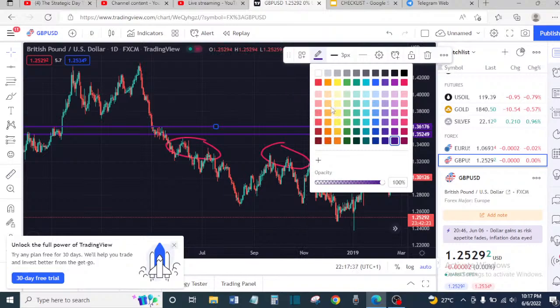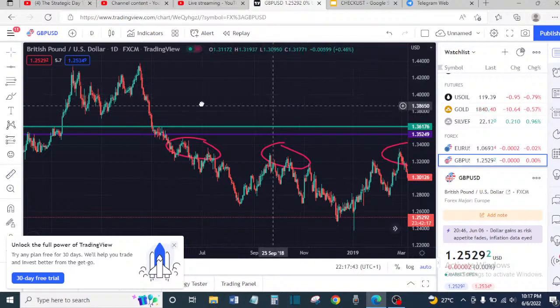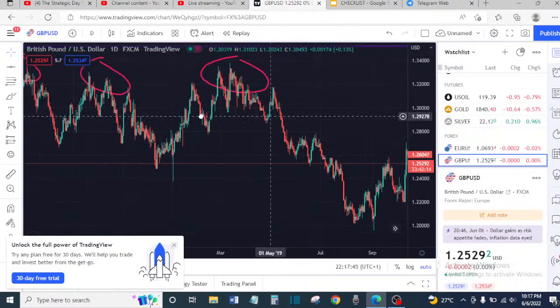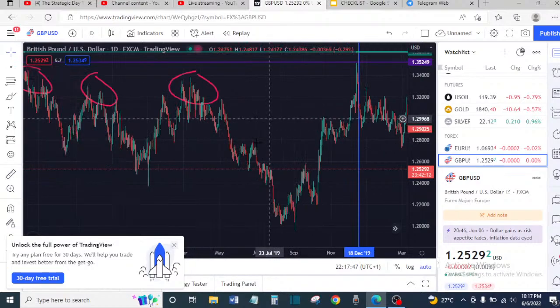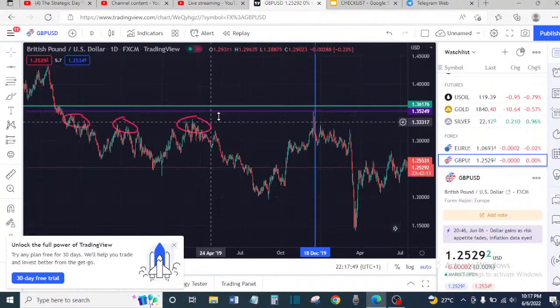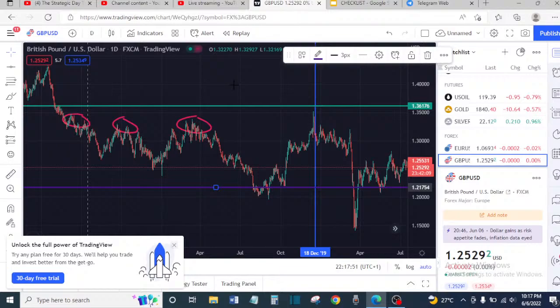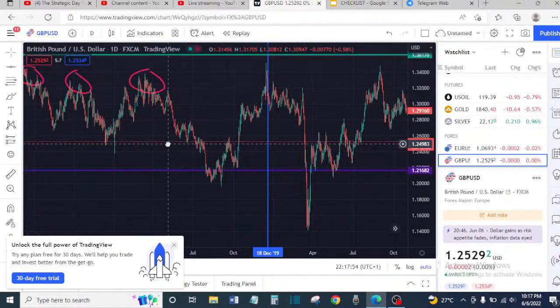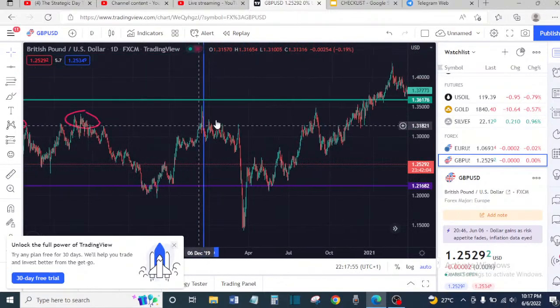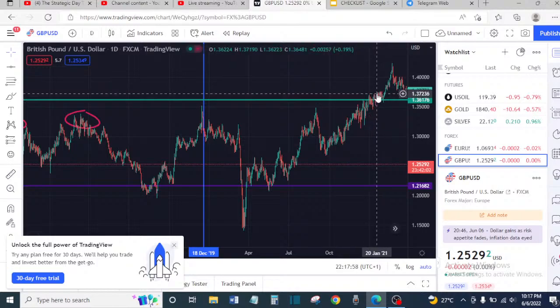You will see that price did not get to that spot there. So it is for a future purpose. The next time they are coming to that place, they will break it. Can you see?